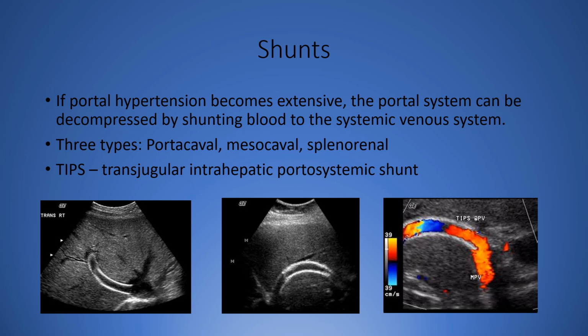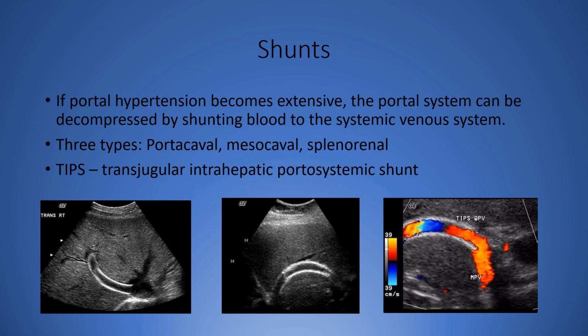So if the portal hypertension becomes too extensive, the portal system can be decompressed by shunting blood to the systemic venous system. What this means is they put in a shunt that goes from the main portal vein at the portosplenic confluence or at the hilum, at the porta hepatis, and they put in a shunt or a bypass, so to speak, that goes straight into the IVC or into one of the hepatic veins, and that way blood does not have to filter through the liver.